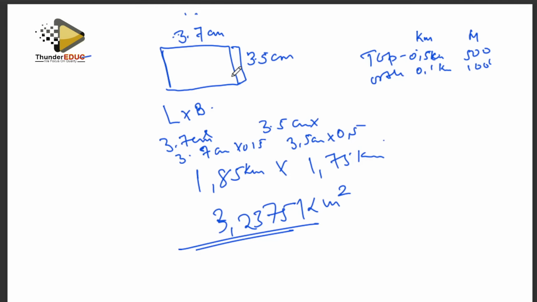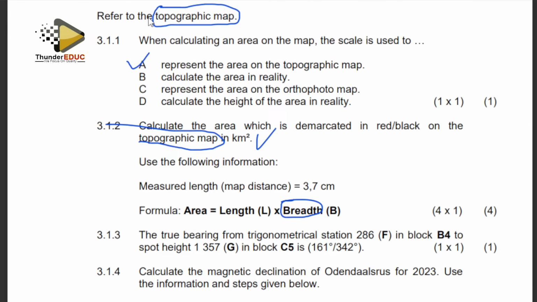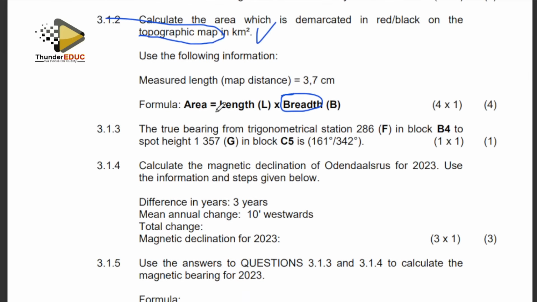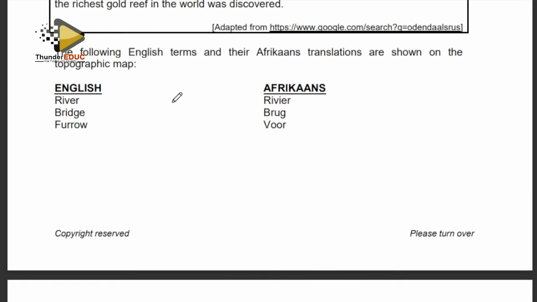We go back to the question because they want the answer in kilometers. So we're done with that. We go to 3.12.